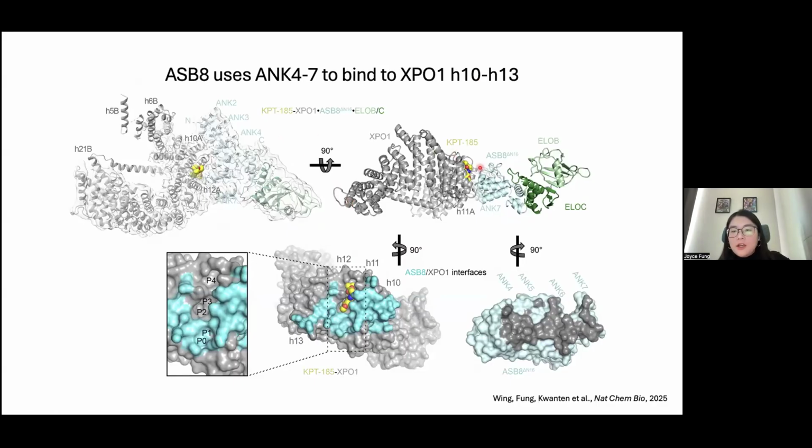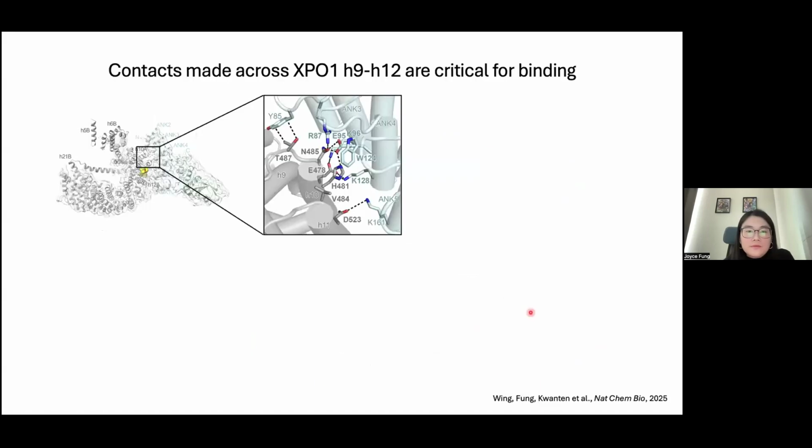If we look at the interface of Expo1 binding to ASB8 and we open it up like a butterfly and color them respectively, here is Expo1 in gray, and the residues in contact with ASB8 are colored in cyan, and you can see it spans across HEAT 10 to HEAT 13. ASB8, on the other hand, uses ankyrin 4 to ankyrin 7 to make those contacts.